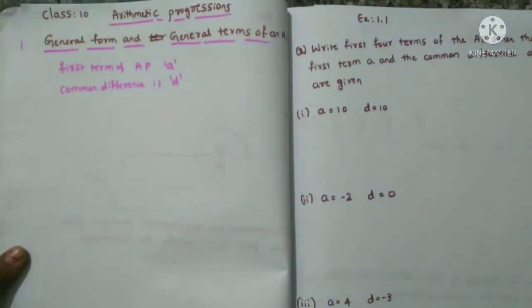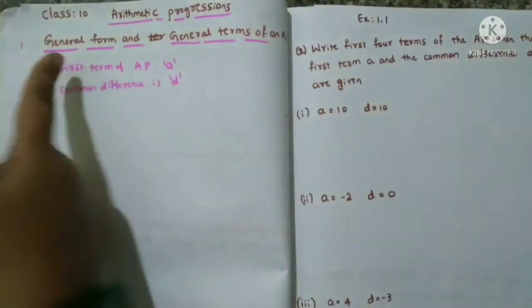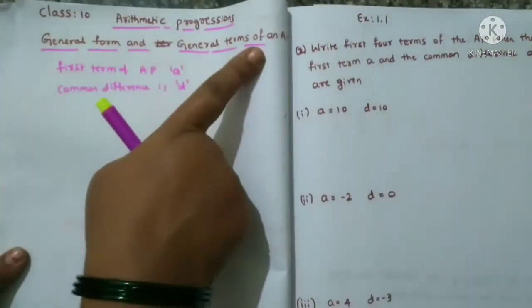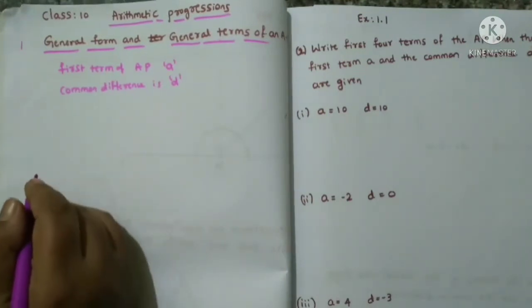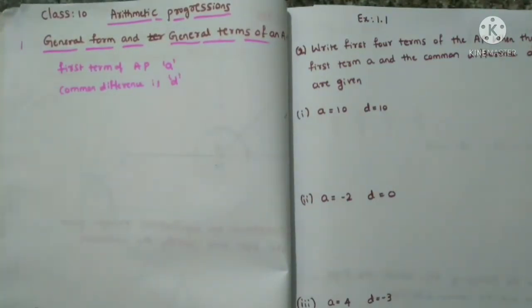Okay, I'll take one example and explain to you about the general form and the general term of an AP. You already know how we have to write the AP.